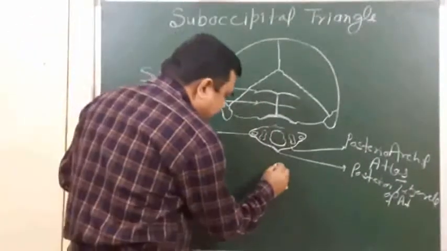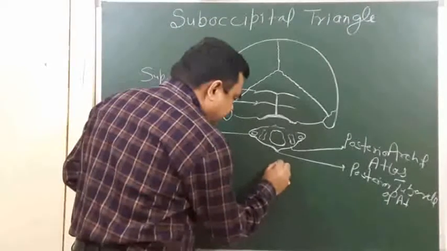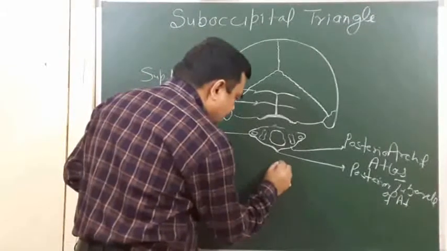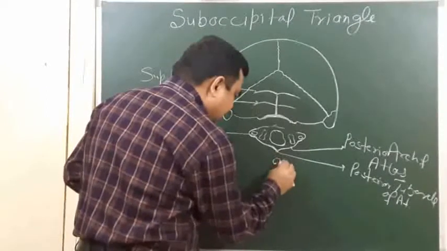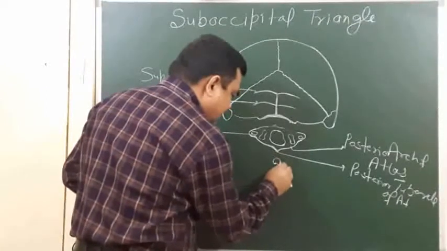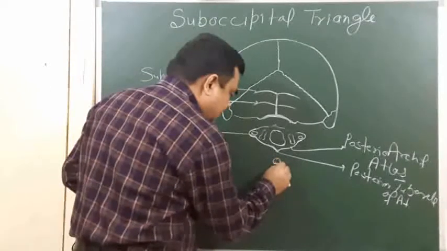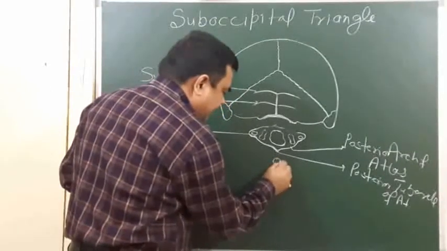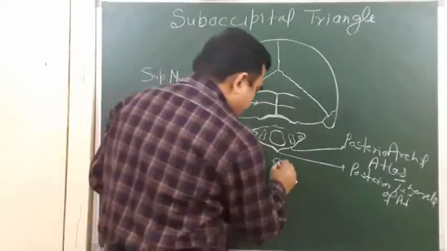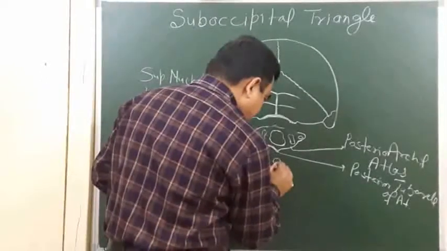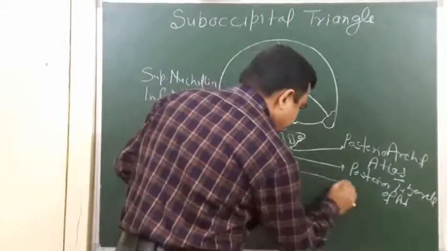Here is another thing, the bifid spinous process. This is the spine of the axis, the second vertebra. This is the bifid spine of the axis.